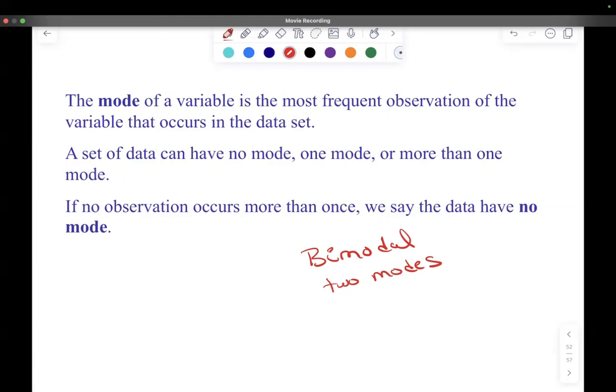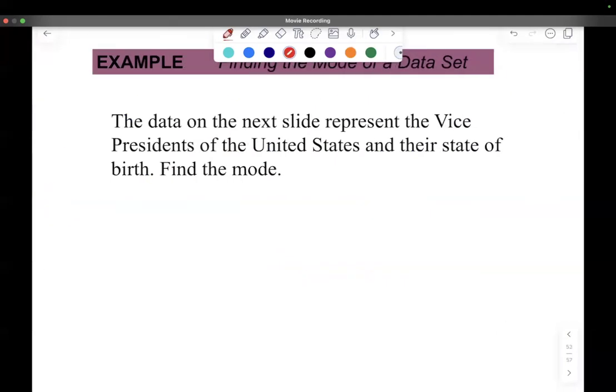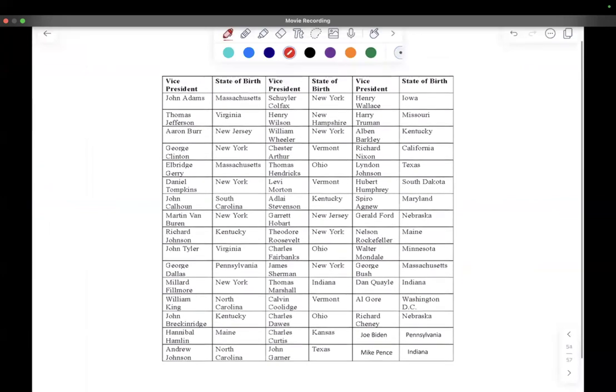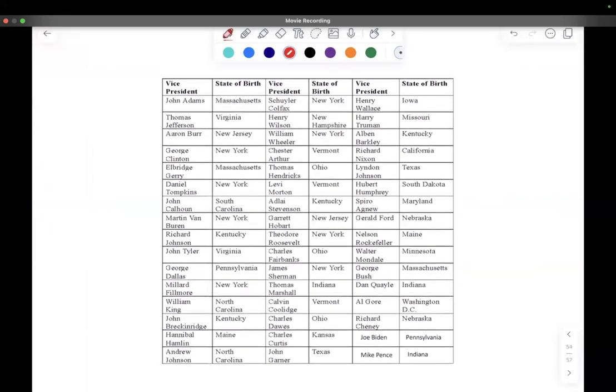I'm just confirming that. So we have a data set right here of vice presidents. I don't have Kamala Harris on here because my graph is nice and pretty and I don't want to add just one more box. So this tells you the state of birth of all of the vice presidents through Mike Pence.